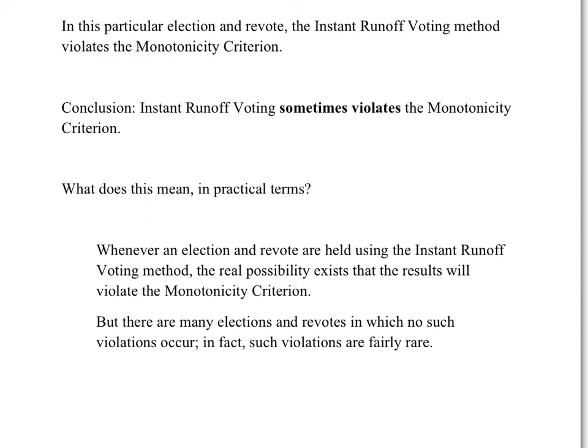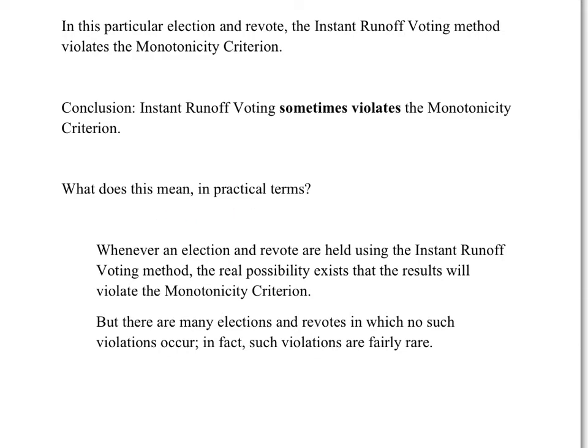As much sense as the monotonicity criterion made, as irrational as it seemed that any sensible voting method could ever violate it, we find that the instant runoff voting method, which actually makes quite good sense most of the time, does sometimes violate this criterion. So what does that mean in practical terms?